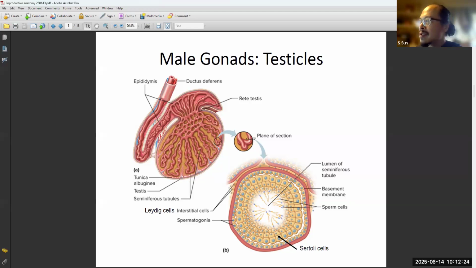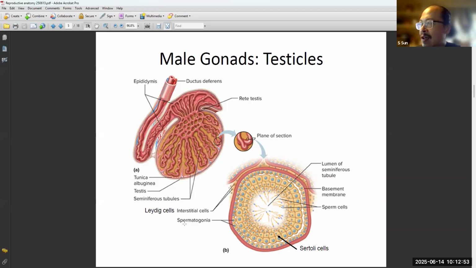In the surrounding, you have two sets of cells. The very outer part of this ring, just next to the basement membrane of this seminiferous tubule, you have a layer of cells.